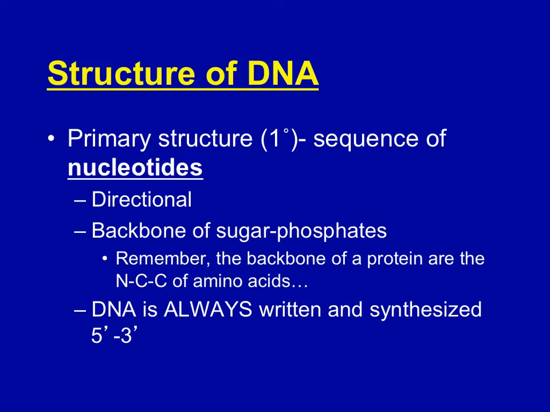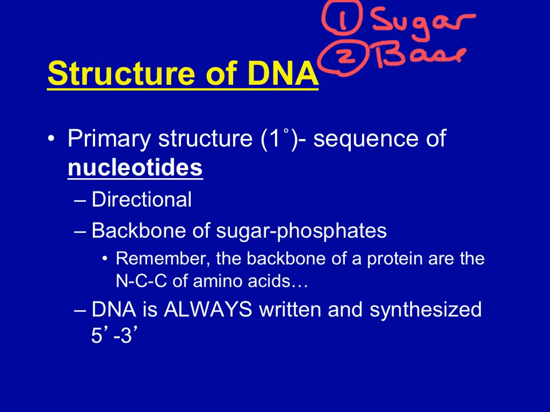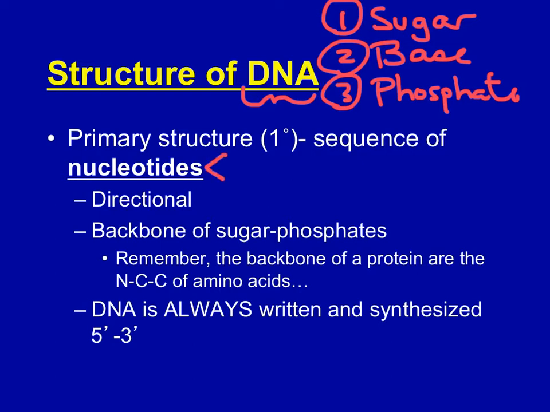Every nucleotide is going to have a sugar, a base, and a phosphate group. And you should, at this point, be able to draw some of that and have it correct. The primary sequence of DNA, when we're talking about a string of DNA, is the sequence of nucleotides.